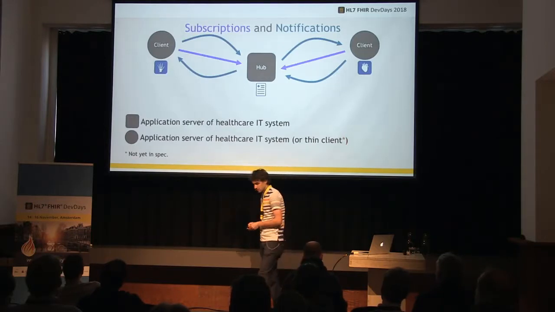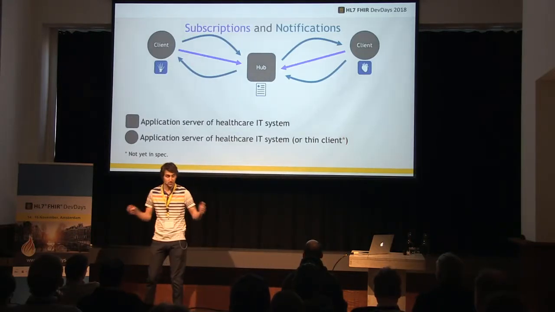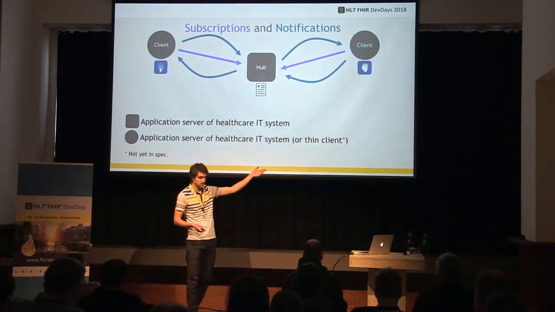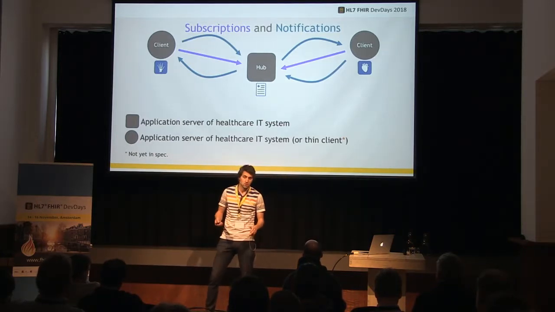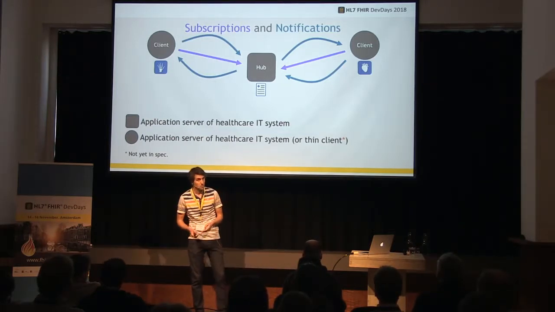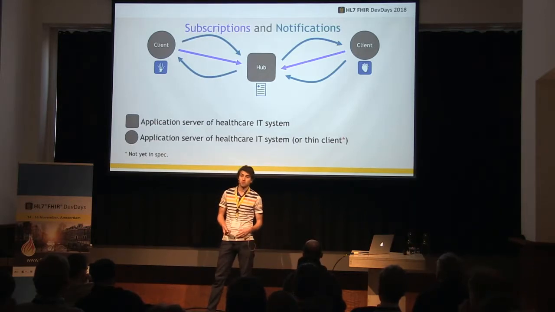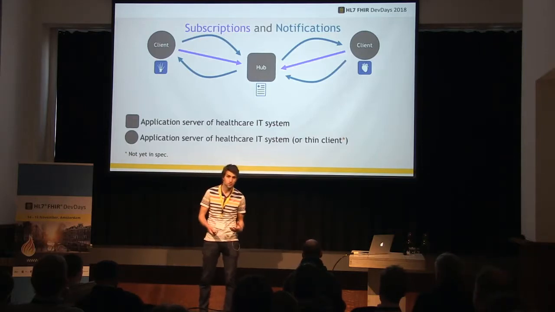So let's go into some nitty-gritty details on how this specification actually works. This is the broader schema of how the subscription PubSub workflow works. We have a hub in the center, and the hub is probably, in most cases, some kind of application server. For example, for an EHR, you can see the hub as the system that is probably driving the context.